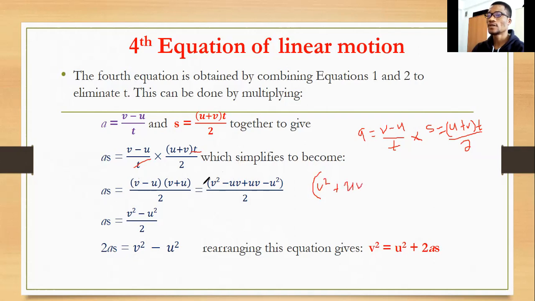Okay, and then we have minus u times v, so you should have minus uv, and then minus u times plus u, we are going to have plus u, oh, I mean plus u square. Okay, let's take it as this, and then divided by 2.